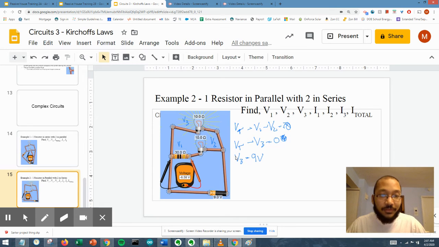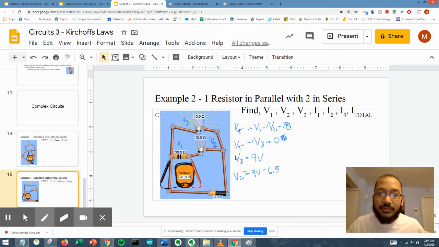And what do I know? I know these two together add up to 9 volts. And I'm given, actually, I cleverly placed this voltmeter here. I can solve for V2 right here. By rearranging this, I know that V2 is equal to 9 volts minus 6.58.